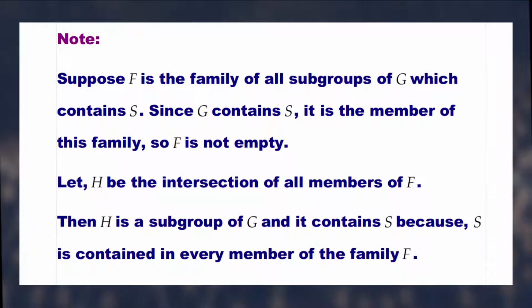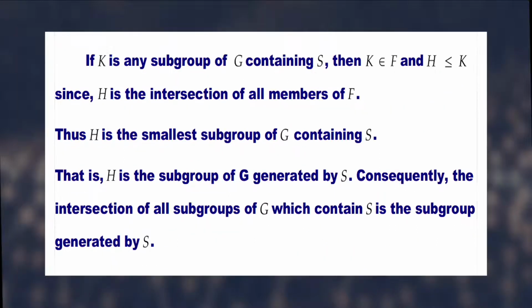Let H be the intersection of all members of F, then H is a subgroup of G and it contains S because S is contained in every member of the family F. If K is any subgroup of G containing S, then K belongs to F and H is a subgroup of K since H is the intersection of all members of F. Thus, H is the smallest subgroup of G containing S. That is, H is the subgroup of G generated by S. Consequently, the intersection of all subgroups of G which contain S is the subgroup generated by S.